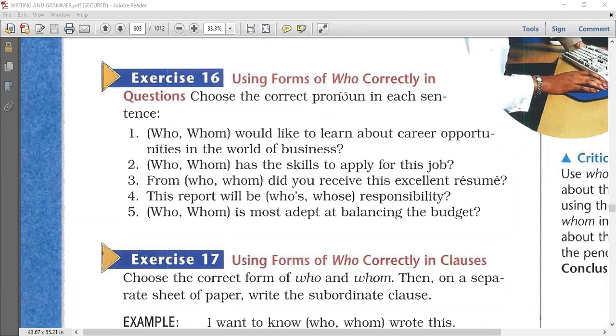Yusuf is never there. Ryan, can you do number 1? Yeah, it's who. Who would like to learn about career opportunities in the world of business? Thank you. Number 2, Yahya Awad.